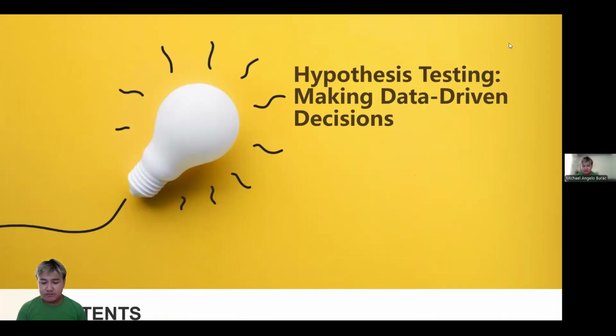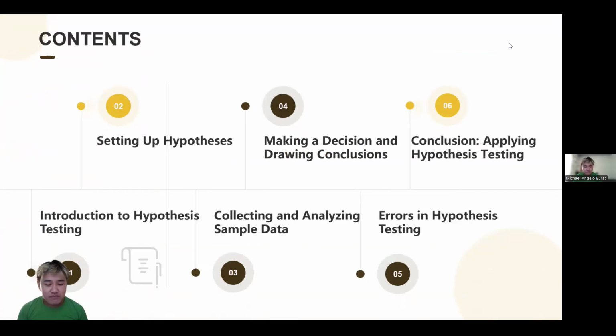Okay. So we'll be talking about these concepts. First we'll look into setting up our hypothesis, making a decision and drawing conclusions, and applying hypothesis testing, where we look into the values, and collecting and analyzing sample data.